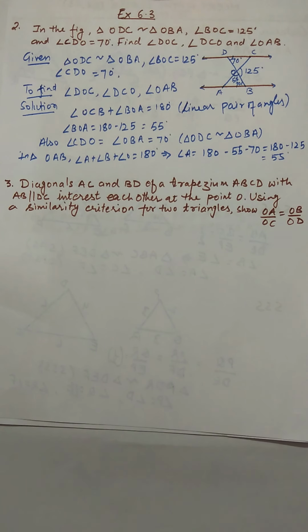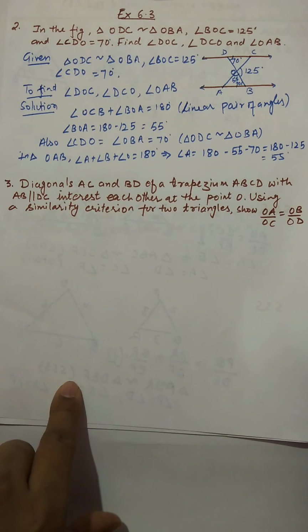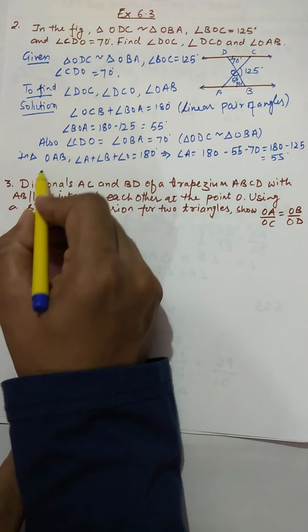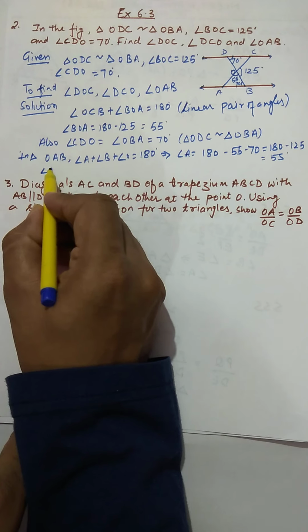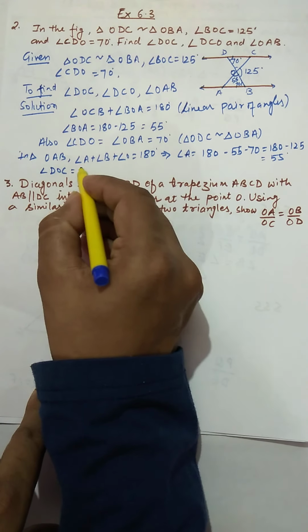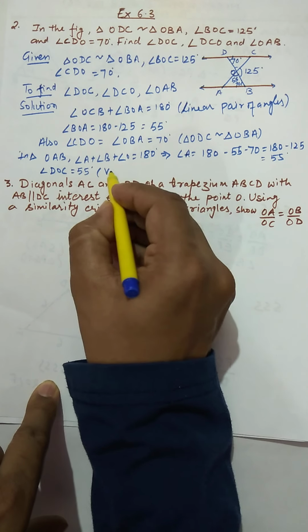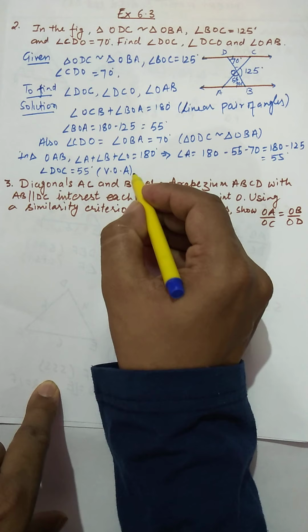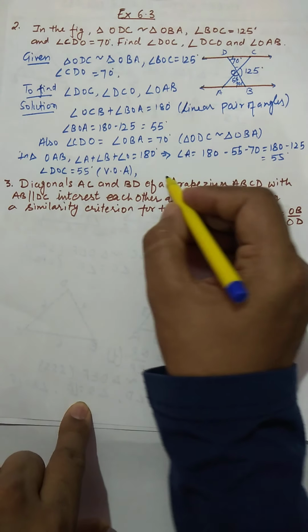So once you have got this as 55, now after solving all these angles you can find all angles like DOC. You've already seen that DOC will be 55 degree, and you can write the reason as vertically opposite angles. You can get angle C also, because DCO they were asking.